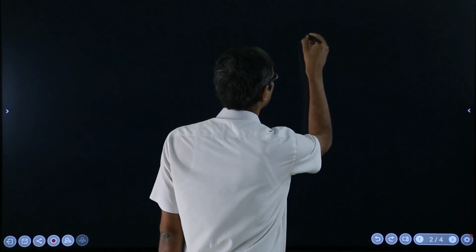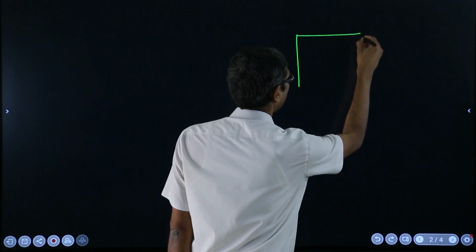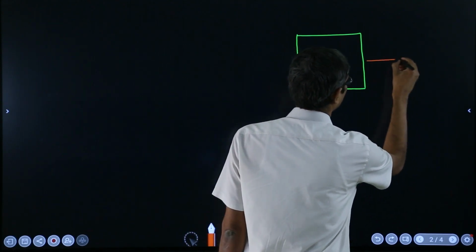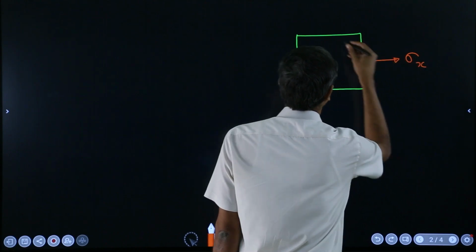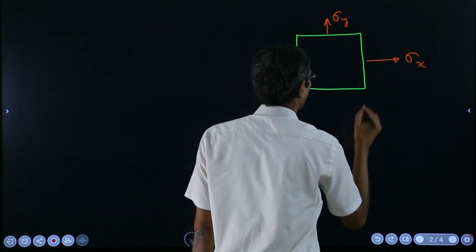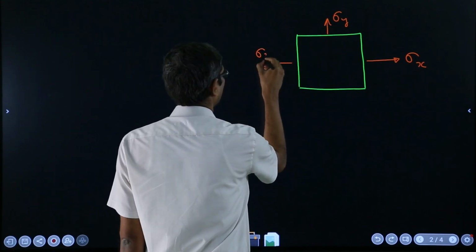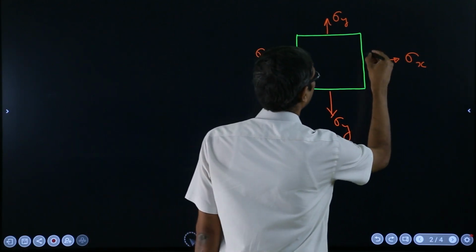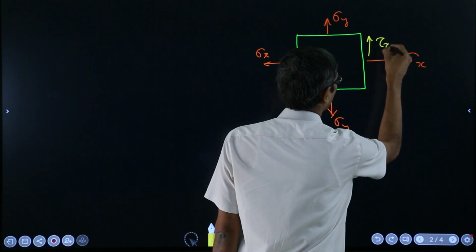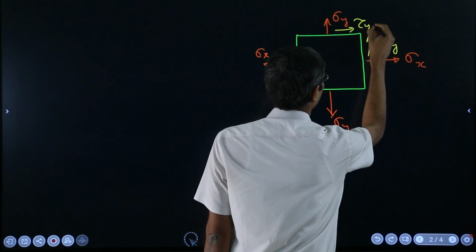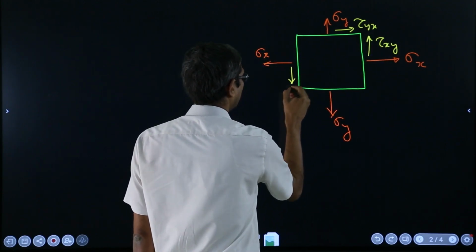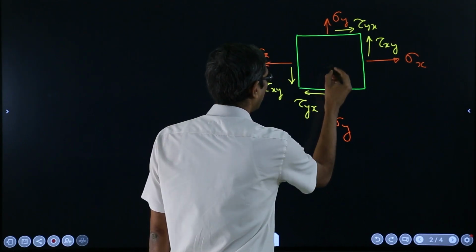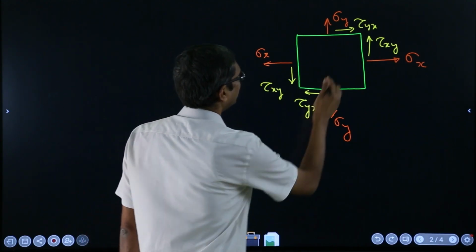So it will become just a square like that, on which I will show the stresses, say, as sigma x and sigma y, and similarly here sigma x, sigma y, and then you have your shear stresses tau xy, tau yx, similarly tau xy and tau yx, and in fact your point P is at the center of this.